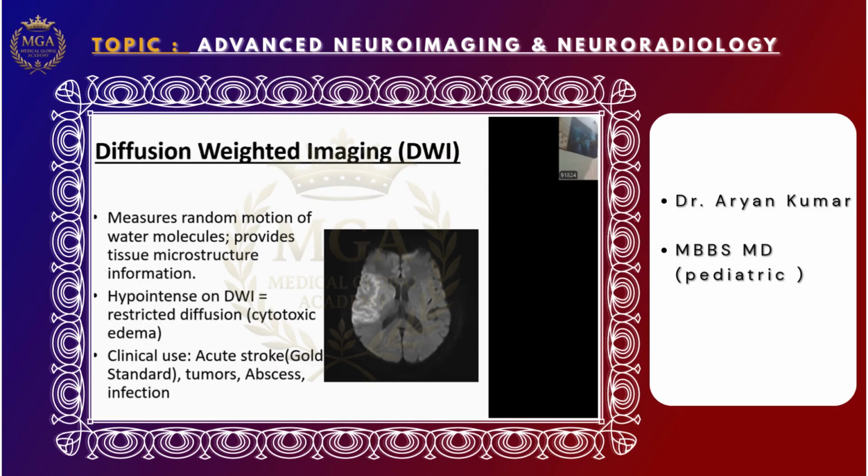You have gone through pathology in second year, the different types of necrosis, and first, edema, right? That is cytotoxic edema. Diffusion weighted imaging is used in acute stroke, where it is the gold standard, and also in tumor, abscess and infection.